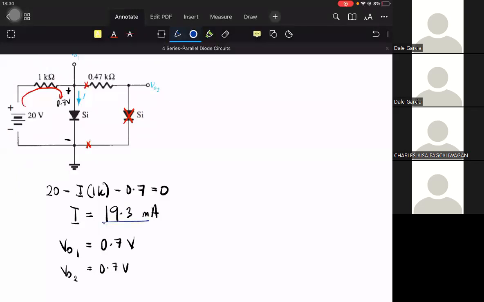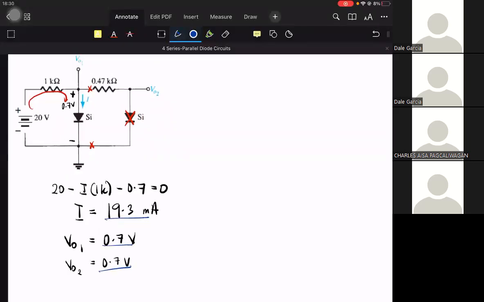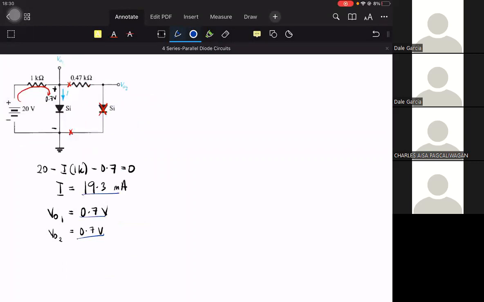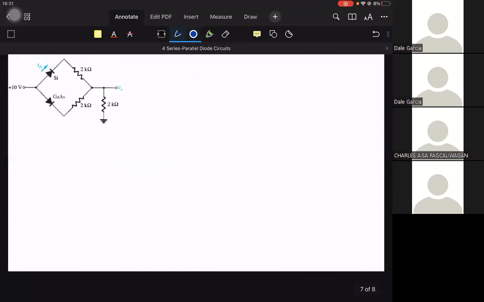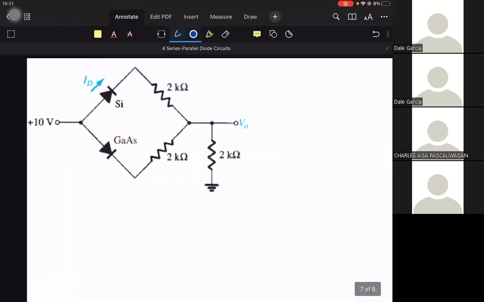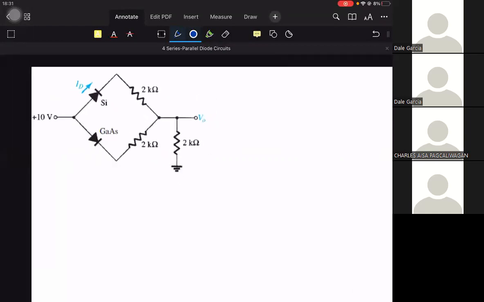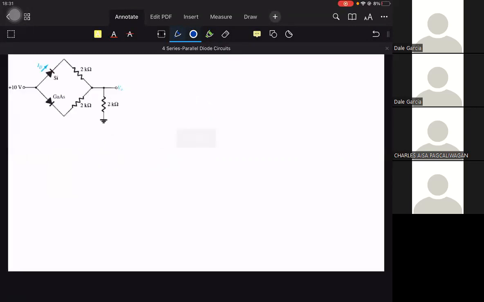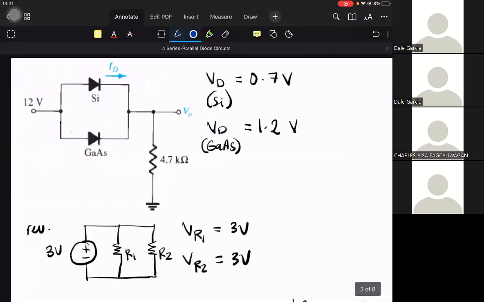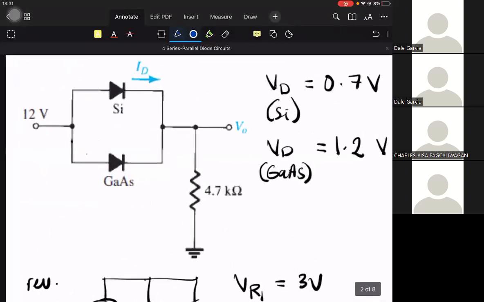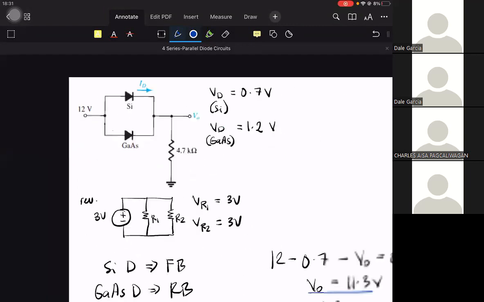So far, do the solutions make sense? And notice that all the time, we assume the diodes are forward biased, and it's easy to determine which is forward biased or reverse biased. About this next one, it's a bit challenging. This one is different from the first example we solved earlier. We have silicon and gallium arsenide in parallel.